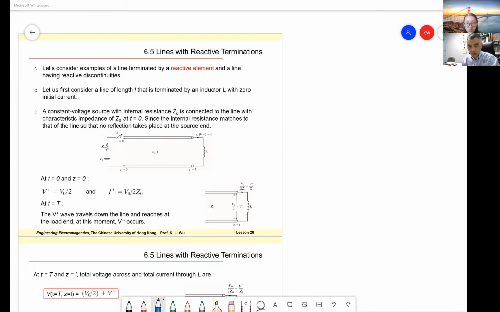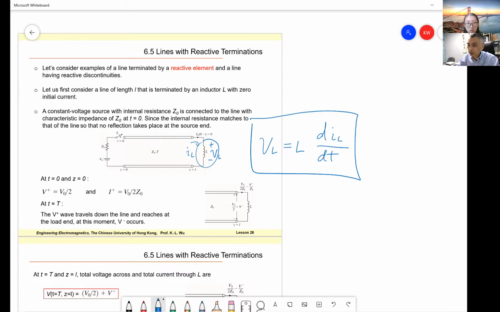In the first example, we have a transmission line, and at the end we have an inductor. By the definition of an inductor, the voltage across the inductor and the current going through the inductor are related.